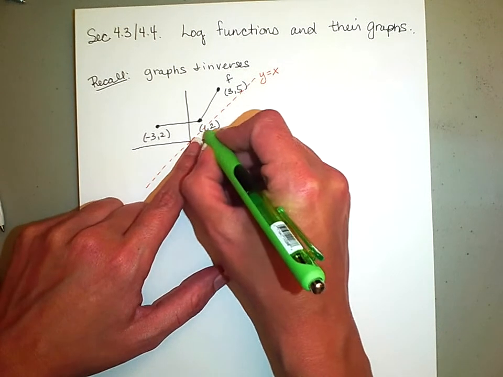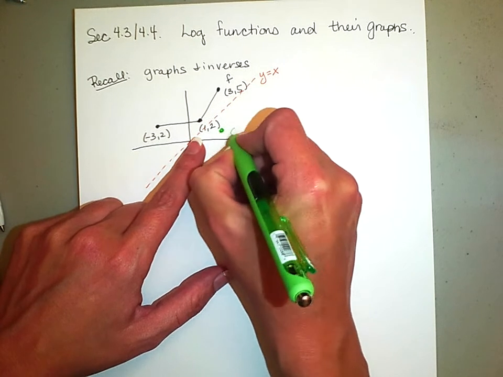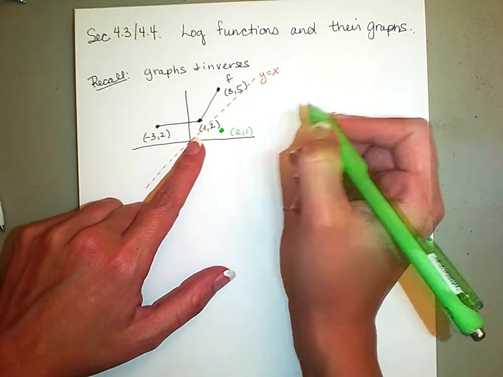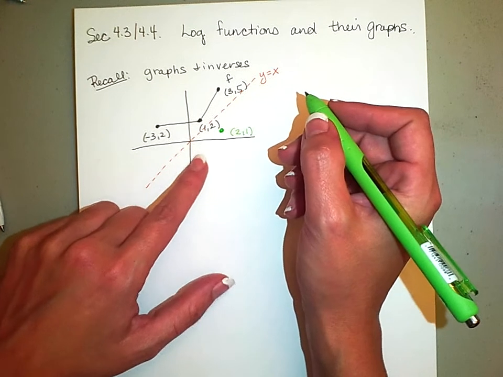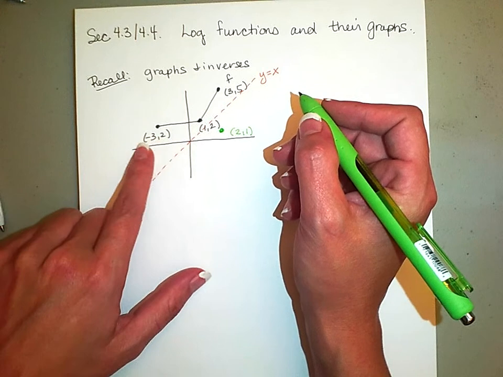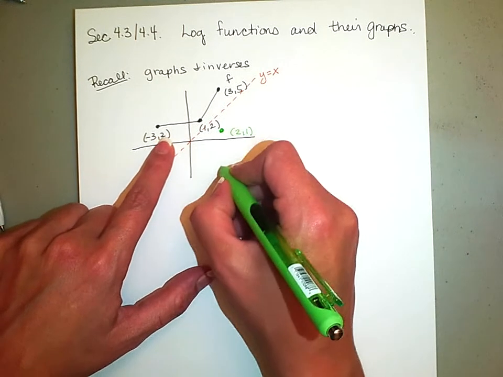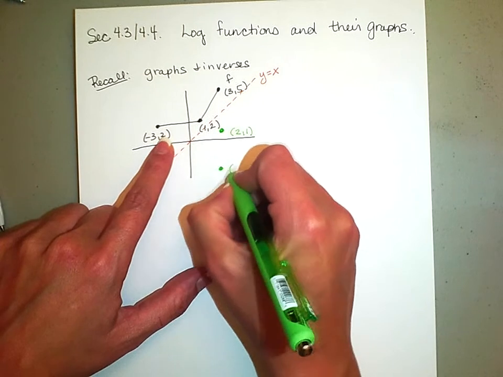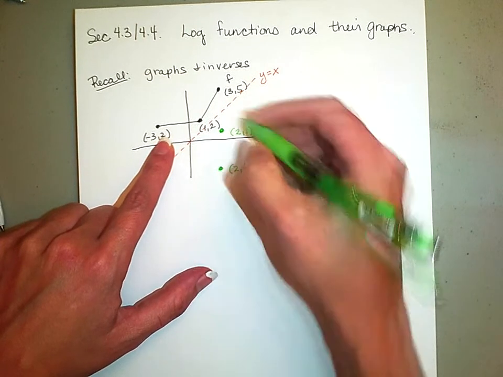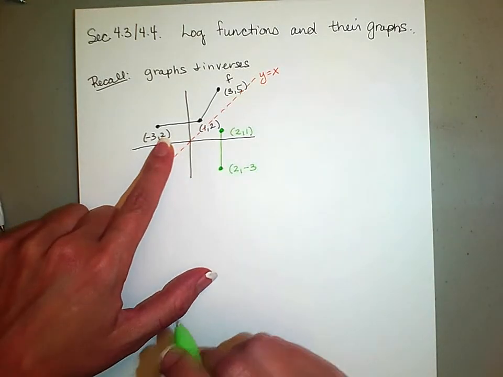So instead of having the point (1, 2), the inverse function is going to have a point (2, 1). And also, instead of having the point (-3, 2), I'm going to have (2, -3). So I know those will be there.